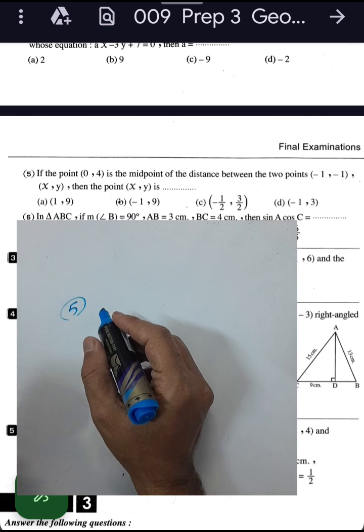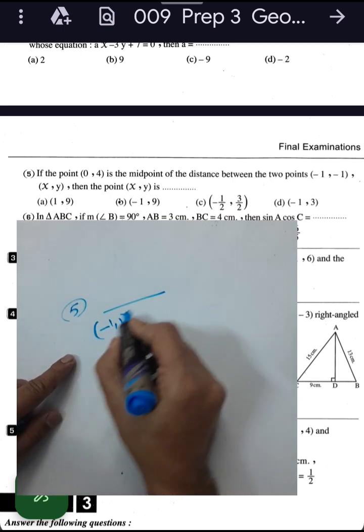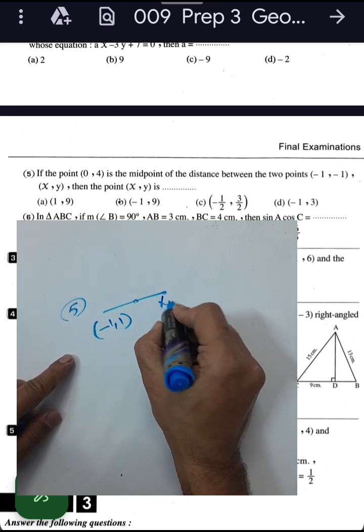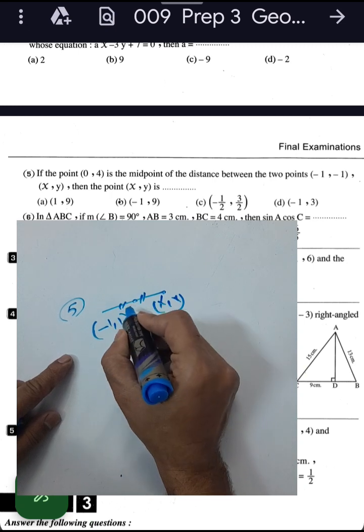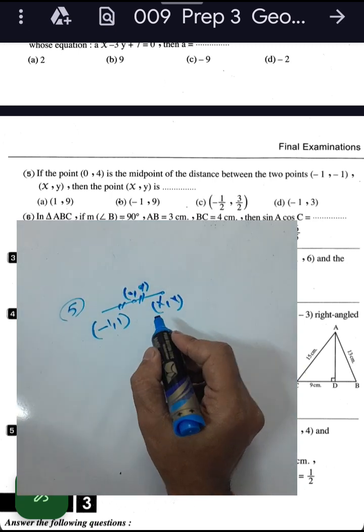If the point (0, 4) is the midpoint of the distance between the points (-1, 1) and (x, y), we have a point that lies in the middle. Here, (0, 4) is the midpoint.